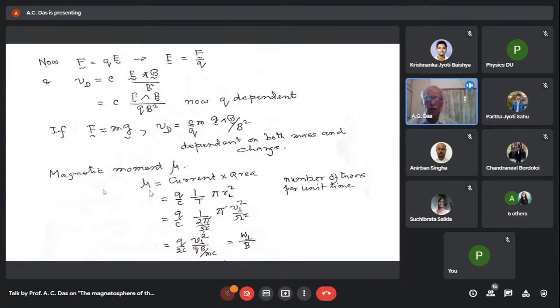Let's see, if F is equal to mg, gravity, then Vd can be written as c m g cross B by Q B square, and you can see that it depends upon both mass and charge of the particles. Obviously for protons Vd is large, and for electrons it will be small. And I'm sure whenever you see this expression, c m by Q, g cross B by B square, you probably remember something that happened in the ionosphere.